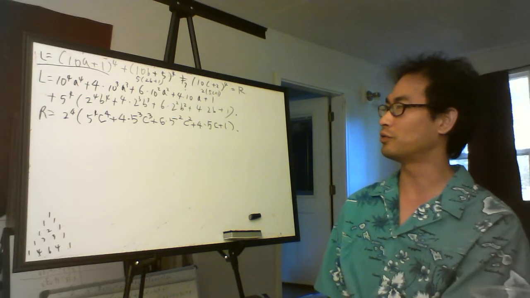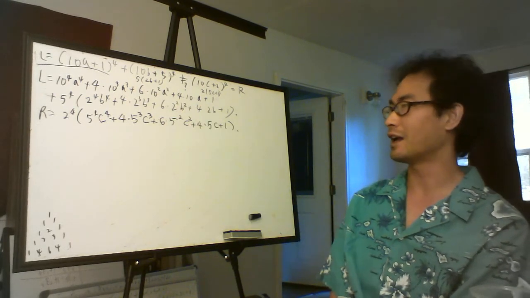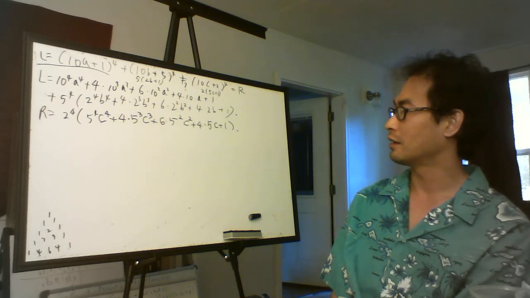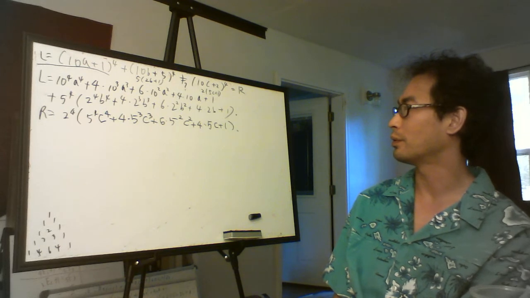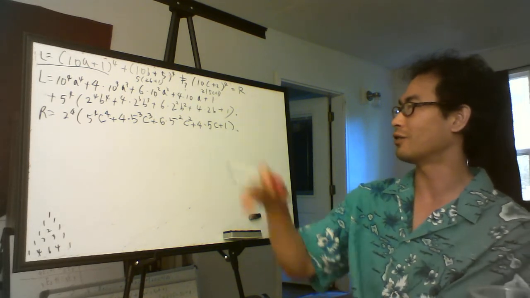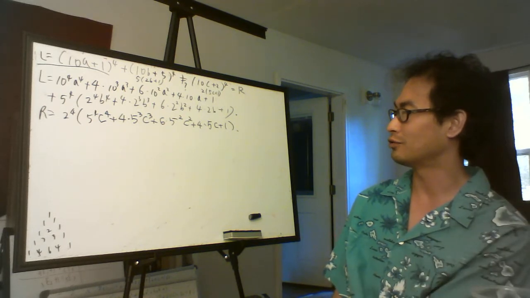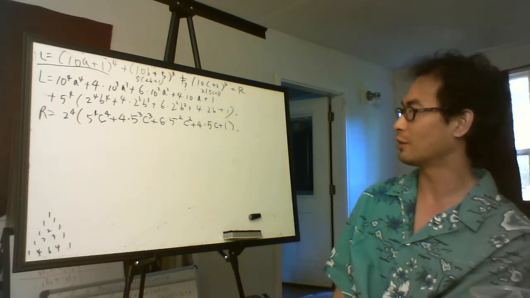We have to prove left and right cannot be equal. We have to factor it out somehow to make it look kind of similar.